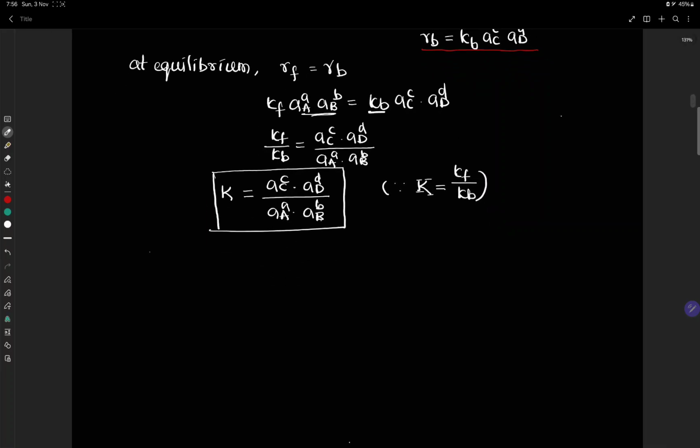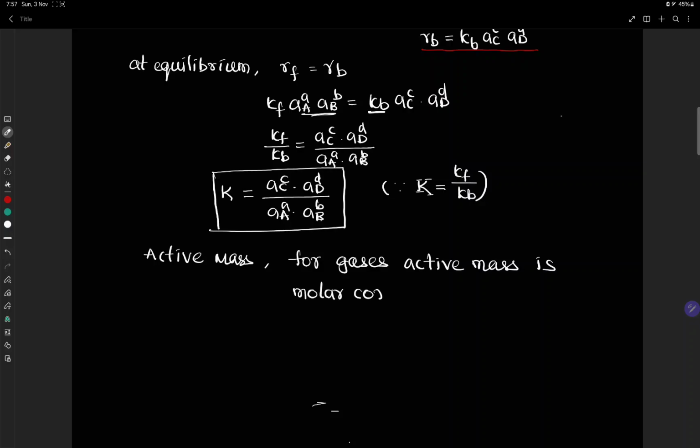So what is active mass? As we discussed in the last video, active mass is an old term. For gases, active mass is molar concentration or partial pressures.